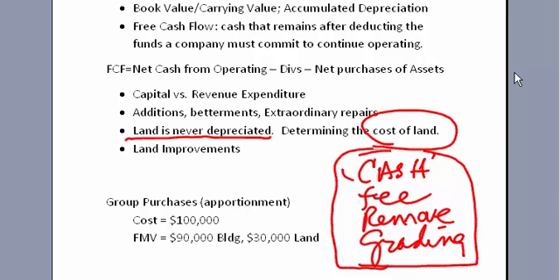So the land is not just the cash we paid for it, it's the cash and all the other fees and expenses that we incurred to get it into a usable condition.